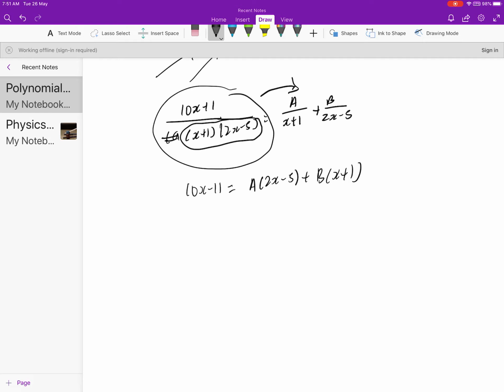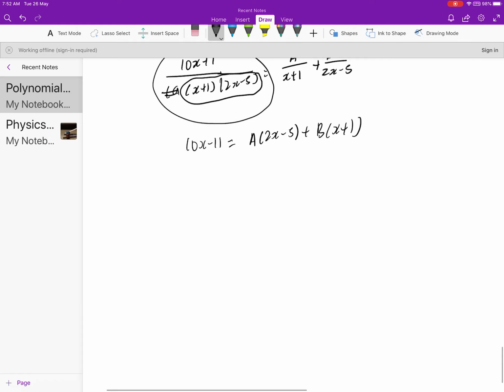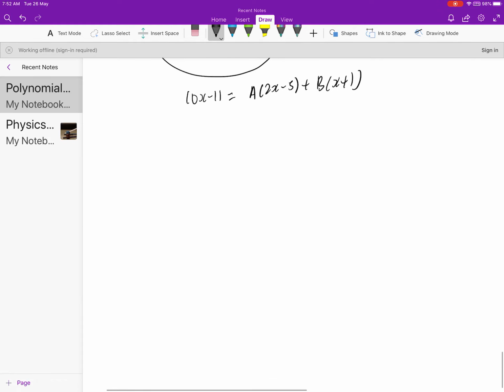Then from here you either substitute suitable values of x, like let x equals -1, let x equals -2, etc., or you equate and compare coefficients. You can also do it by observation.